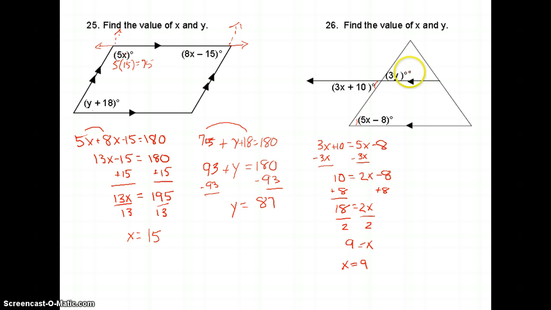Okay, now y is right here. I can do this one of two ways. I can use corresponding angles to say that they're equal to each other. Or I could plug it in here and I would have vertical angles. Doesn't really matter. Let's go ahead and plug it in here because I like the vertical. So I'm going to plug my x, which is 9, into this. So 3 times 9 plus 10 is 37.